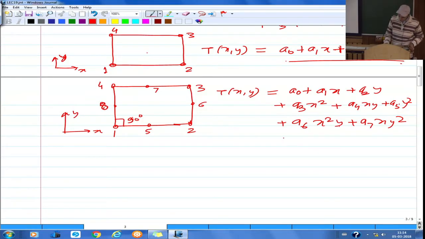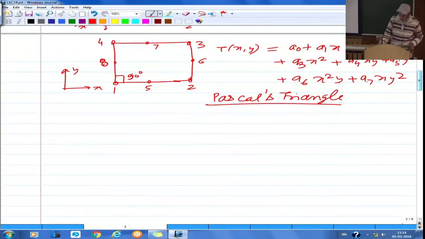And to look at this, we have what is known as Pascal's triangle. That is how we choose the terms. In Pascal's triangle, you can look at how we have written all these terms. At the top you have the constant term, then linear terms x and y, then quadratic terms x square, xy and y square.